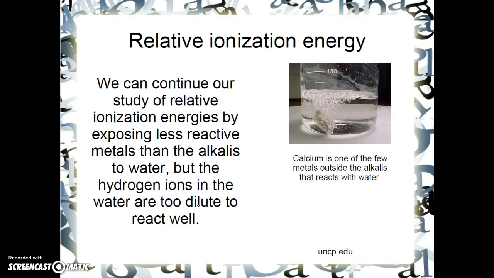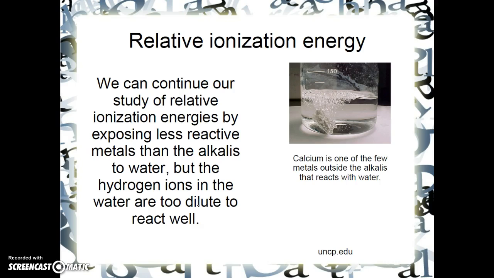Now you can continue the study of relative ionization energies by exposing less reactive metals than alkalis to water. Calcium, however, is one of the few metals outside the alkalis that reacts at all, even with hot water. The hydrogen ions in the water are too dilute to take an adequate quantity of electrons away from the less active metals.